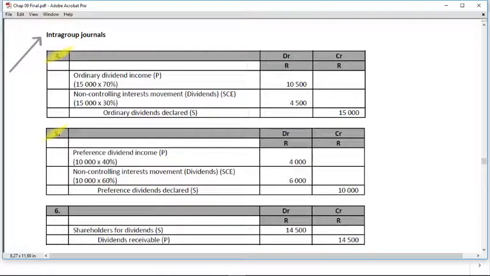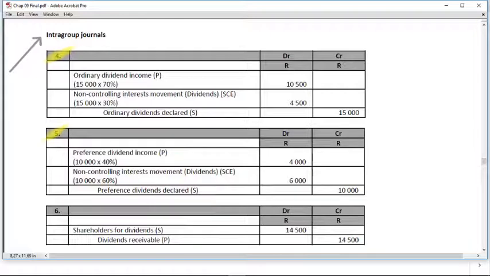At that point in time, the parent and the non-controlling interests are the shareholders of S. So that full dividend was declared to the parent and to the non-controlling interests. So the parent recognized income, their portion of the entire dividend declared by the subsidiary, as they are now shareholders of S when the dividend was declared.